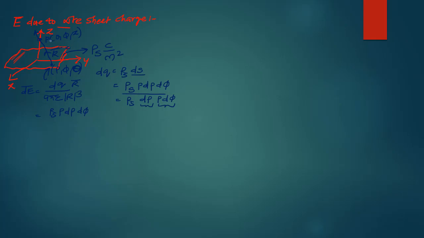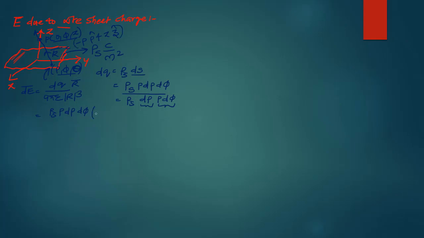The observation point is on the z-axis where we are calculating the electric field, and the source point is where the differential element is available, that is rho, phi, 0. So observation minus source: 0 minus rho is minus rho rho cap, phi minus phi is 0, plus z minus 0 is z cap. So this is our R bar.